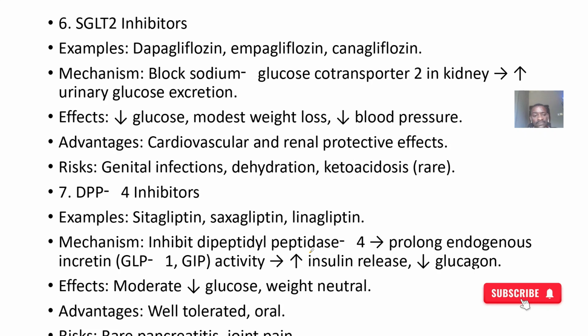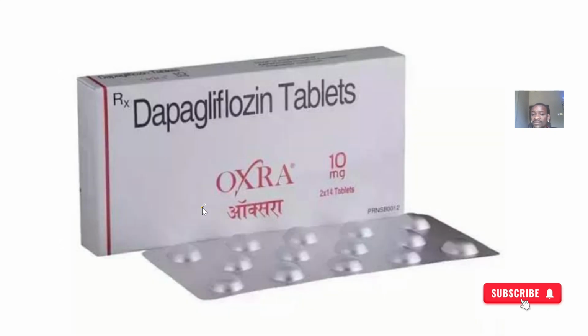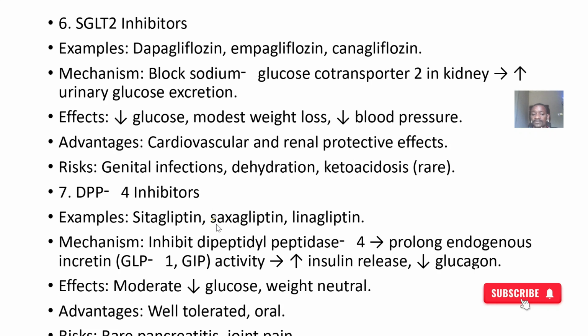Okay, so we have the DPP4 inhibitors. So drugs like sitagliptin, saxagliptin, linagliptin. They inhibit the dipeptidyl peptidase. So it leads to prolonged endogenous incretin and increases what? Insulin release.